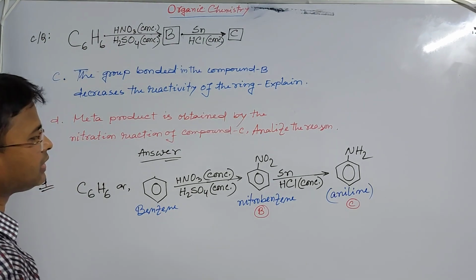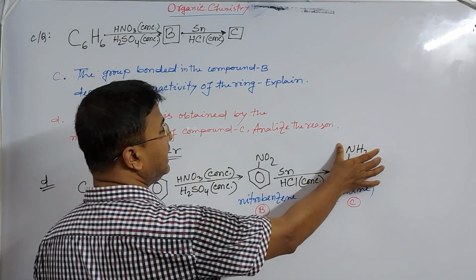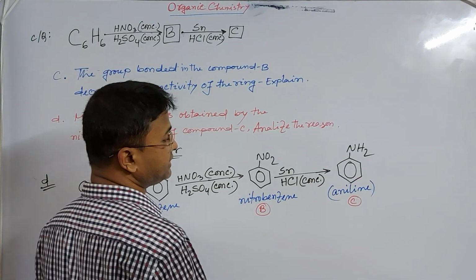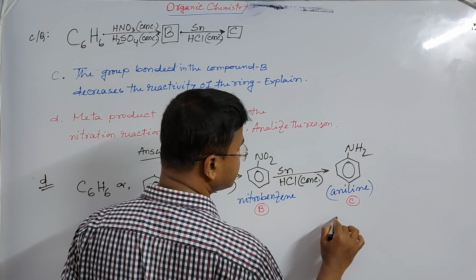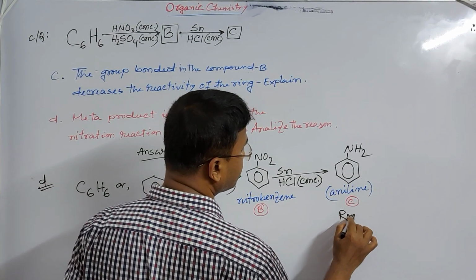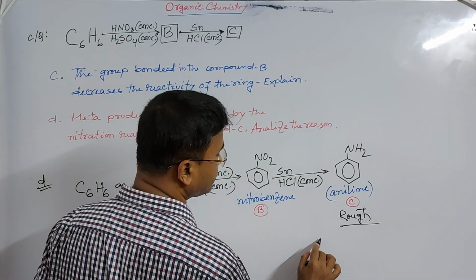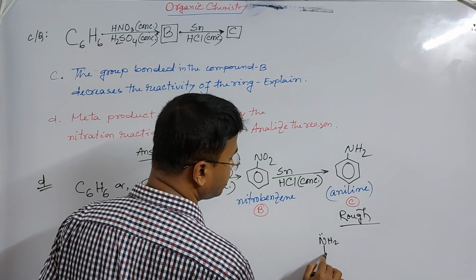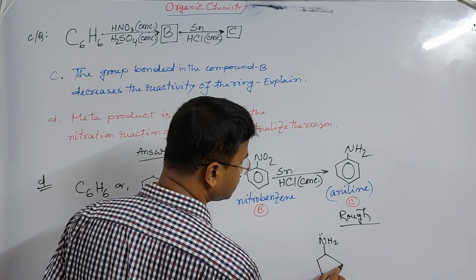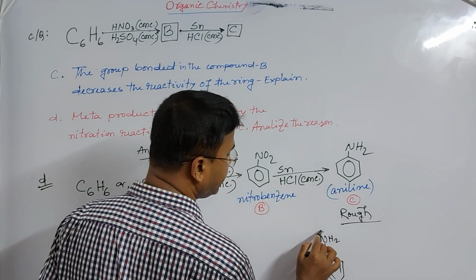My dear students, all of you know that the amino group is an electron activating group. Actually, this is rough. I would like to show you the resonance of the amino group shortly. I would not like to show you the whole resonance of aniline.